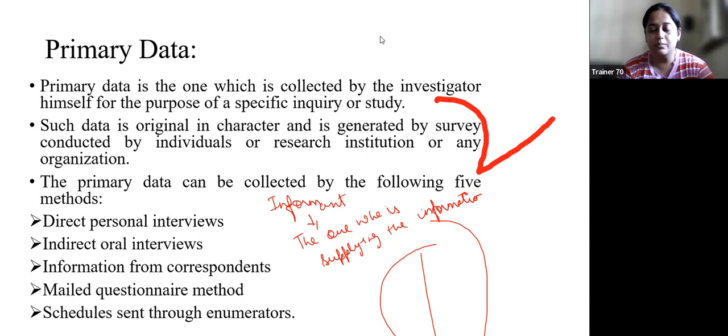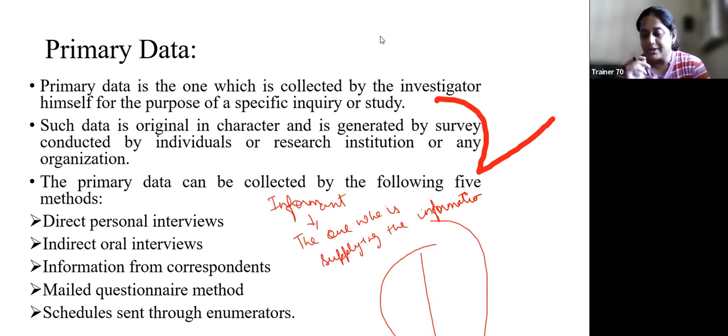Next one is mailed questionnaire method. Again, as the name suggests, mailed मतलब we are mailing something, कुछ mail करेंगे. Questionnaire मतलब एक list of questions बनाएंगे और उस method पे जो हम data collect करेंगे, that will be called as mailed questionnaire method.